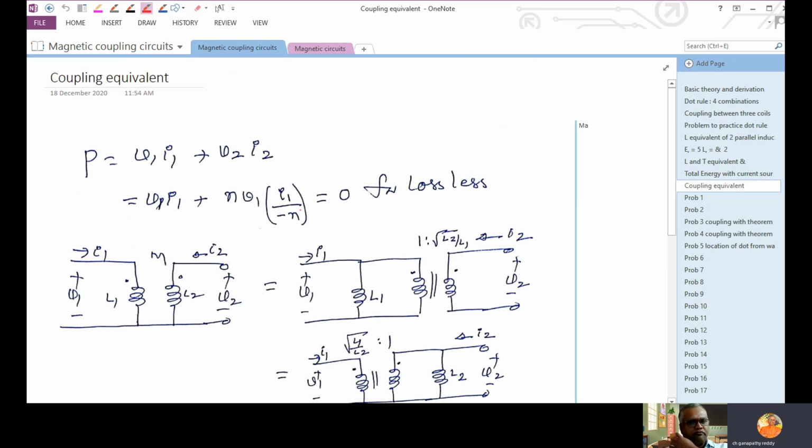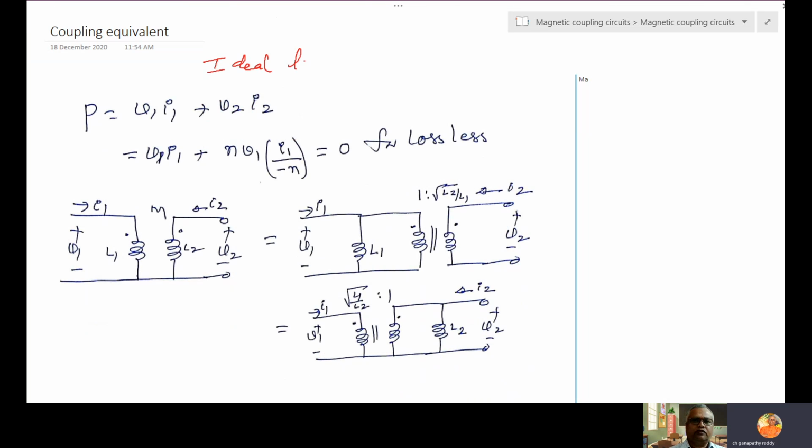Sometimes the question is what is the total power in the transformer. Total power dissipated or lost for any ideal transformer is zero.